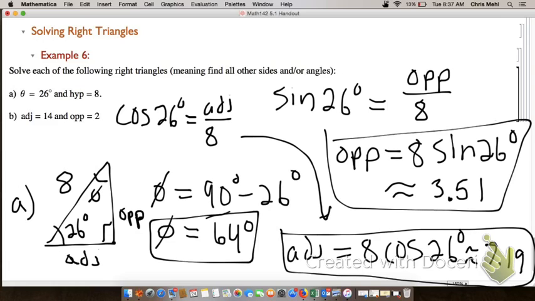You can use the Pythagorean theorem to find the length of the hypotenuse, and then you can use tangent of theta, which is opposite over adjacent, to find the angle theta, and then just take 90 minus theta to find the other missing angle.